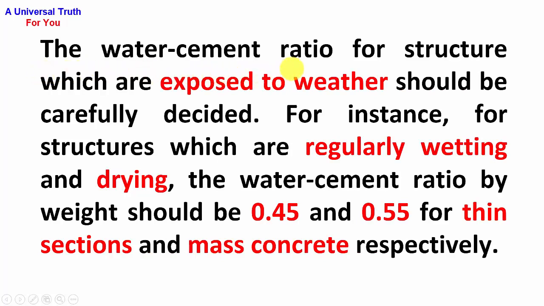The water cement ratio for structures which are exposed to weather should be carefully decided. For instance, for structures which are regularly wetting and drying, the water cement ratio by weight should be 0.45 and 0.55 for thin sections and mass concrete respectively.